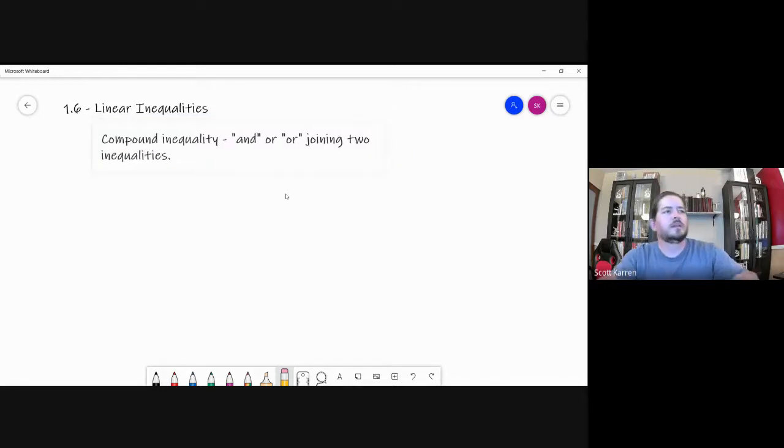Okay. So the difference between and or is if you have an and, it is the intersection of two sets, right?